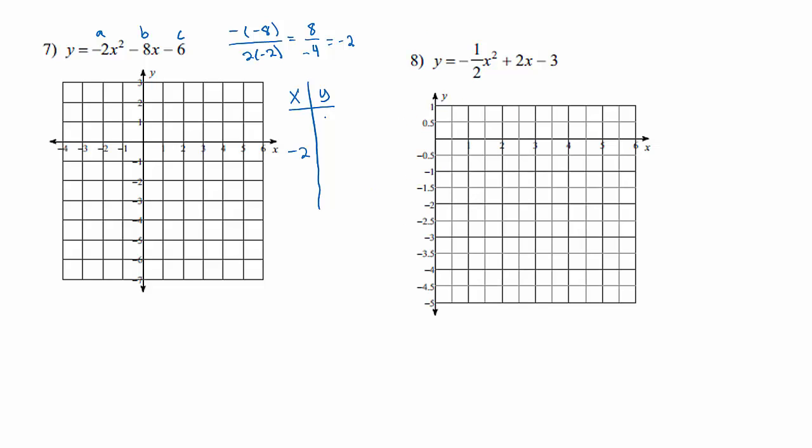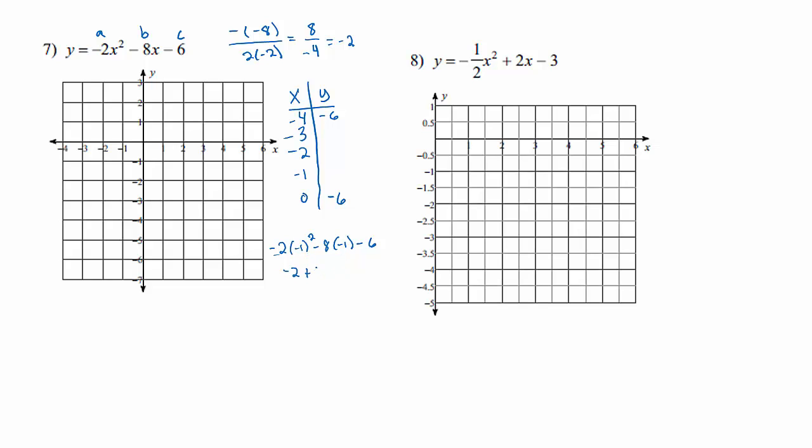0 will be easy. When I plug in 0, this goes away, and it leaves me with -6. So when I plug in -4, I should also get -6. When I plug in -1, I get -2, because it's -2 times +1, plus 8 and -6, so that's 0.